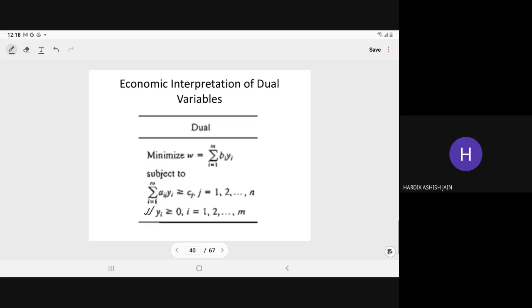Now we have to understand what is the W here and what is the yi, because here W is the dual optimal value and yi are the dual variables. So what is the economic interpretation of the dual variable? That we have to understand.